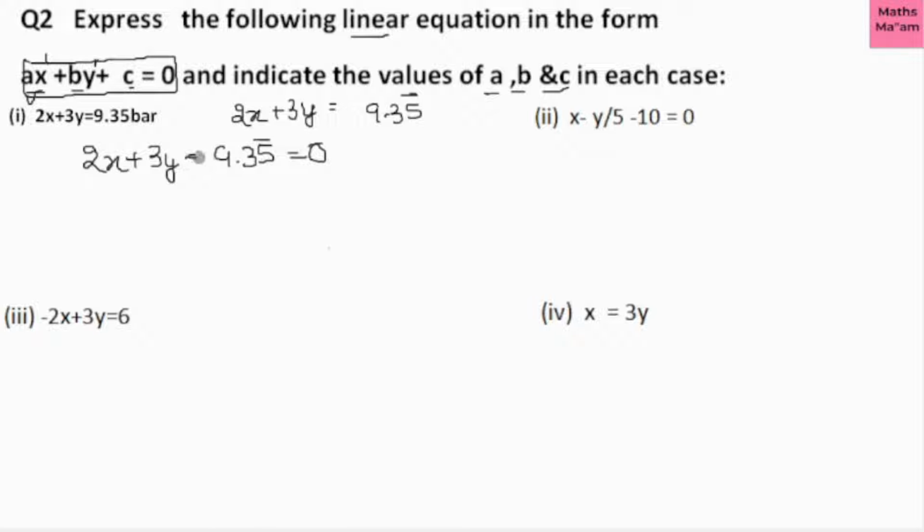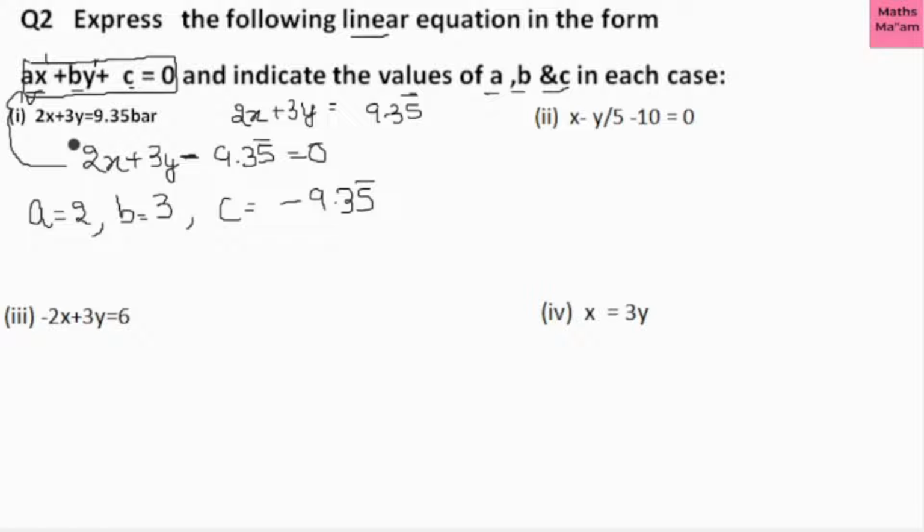We have moved this to the left side, and when we move it to the left side it will become negative. So now we can compare this to the standard form. Yes. So here a is 2, b the coefficient of y is 3 and the constant is minus 9.35 bar, right? Like this.